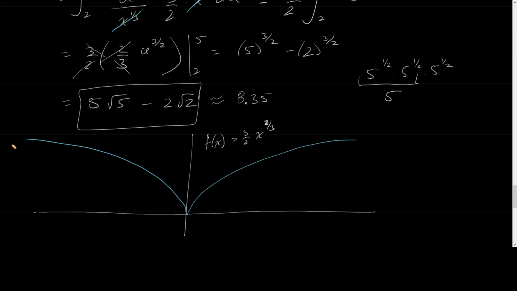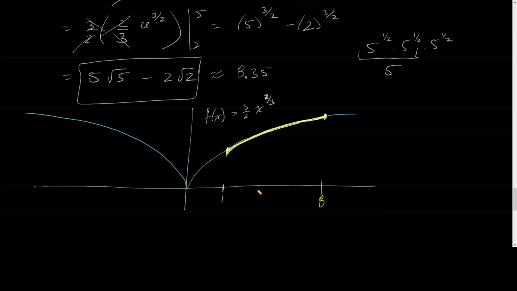That's what that function looks like. And what we found here is, if here's 1 and here's 8, we found this curve here. The length of that curve is approximately that, 8.35, which again was 5 radical 5 minus 2 radical 2. Okay.